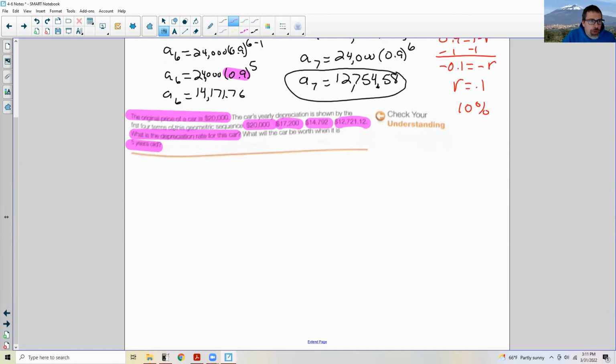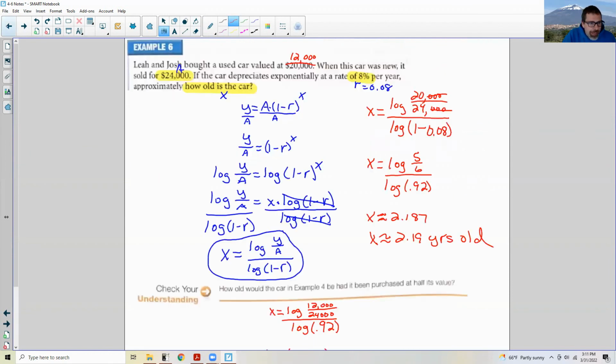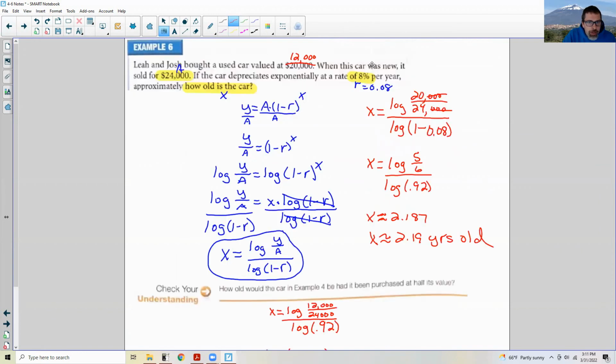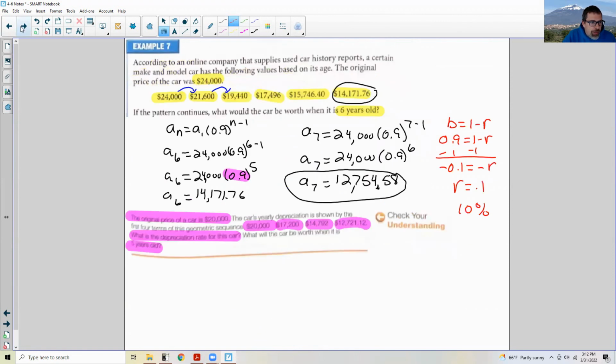All right, so the original price of the car, now if you don't remember, we can go back. When the car was new, that's A. The original price of the car is A. X is the number of years, and this is A sub 1, A sub 2, A sub 3, A sub 4.